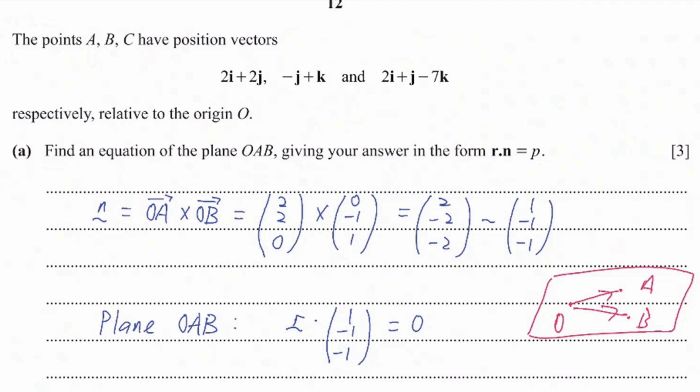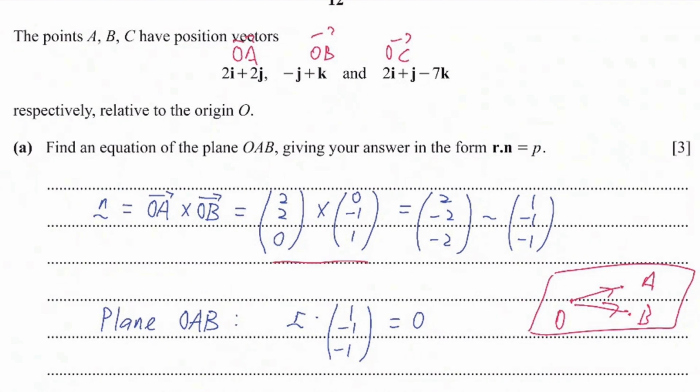Of course, the easiest one for us to find here is OA and OB, because this is the OA, this is the OB. Sorry, A, B, C: OA, OB, and OC. It's the easiest that we can find from there, right? So just cross OA and OB.